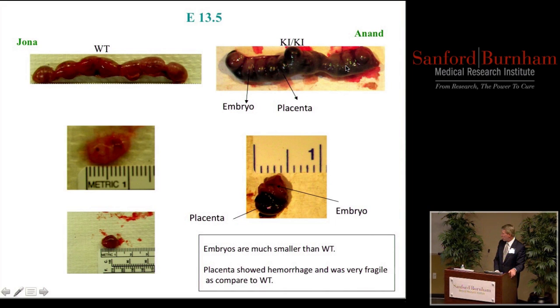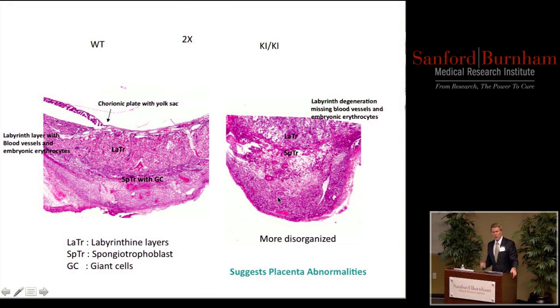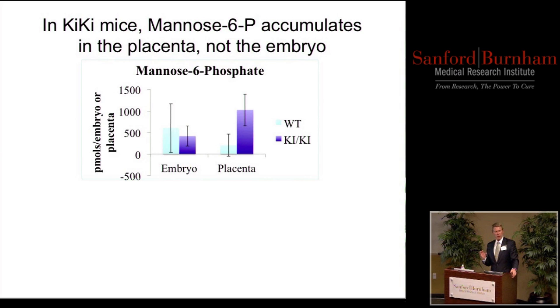They're much smaller than they should be, but there's a lot of hemorrhage that's going on, and when we go in and do histology on the placenta, we can see it's really bad news, completely deranged, especially for the maternal side. And then what we find is that, in fact, there has been mannose 6-phosphate that has accumulated, not in the embryos, but actually in the placenta.